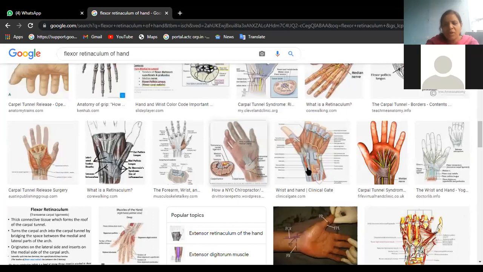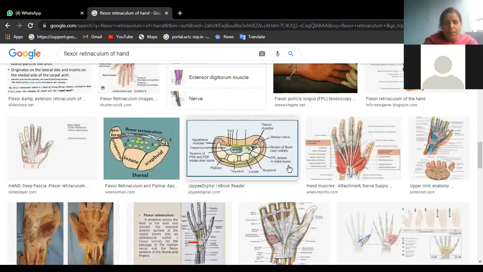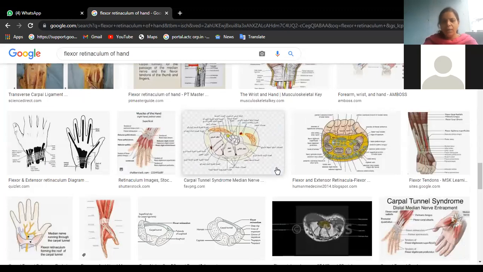Do you remember the names of the bones we have in the carpals? There is a code for it, right?